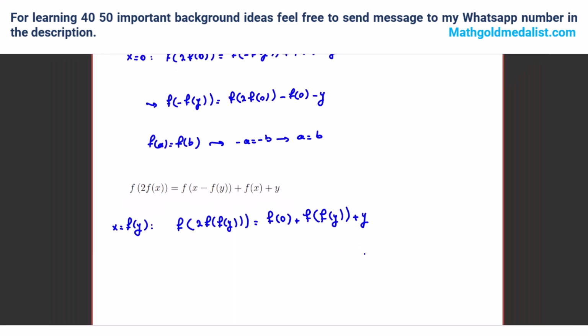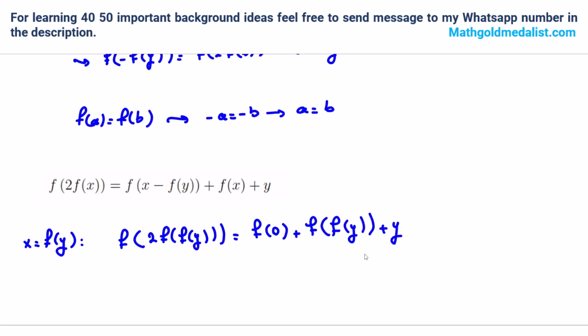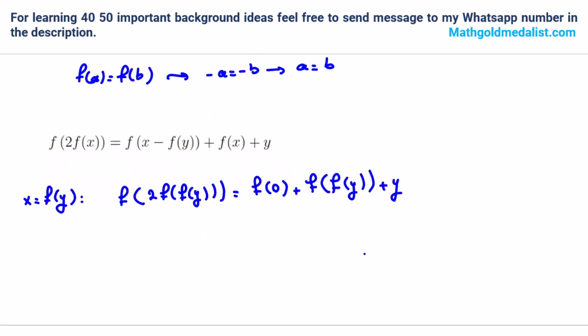Now, what else can we say? Can we reach any other good result? If x is equal to y, for example, or let's cancel this part. Now let's try to cancel this, so y should be equal to f of x. Why is it good?